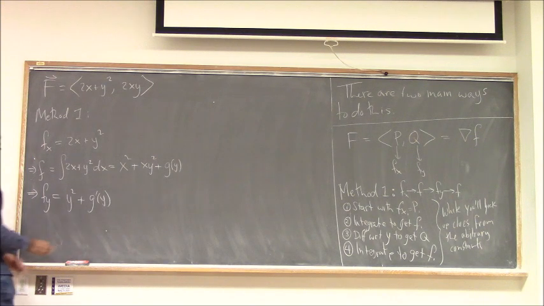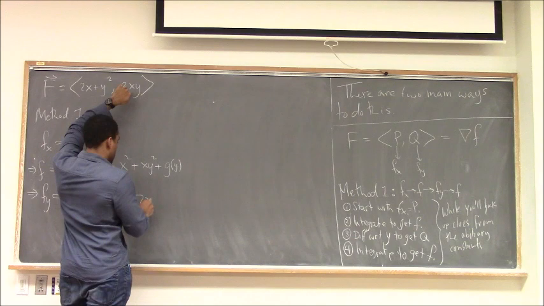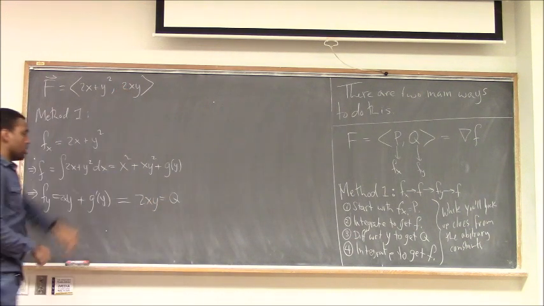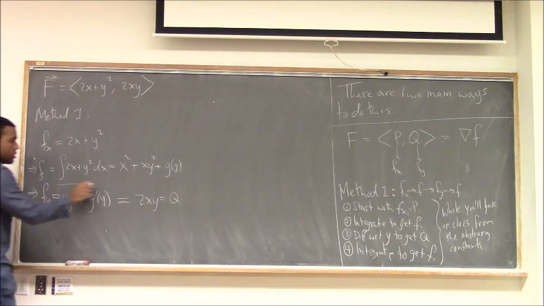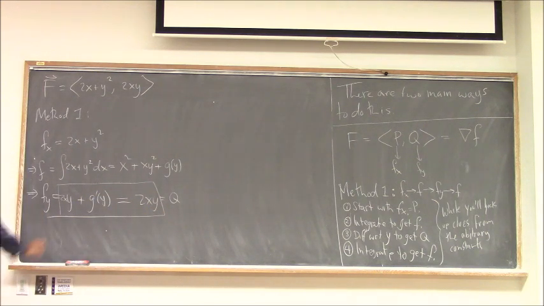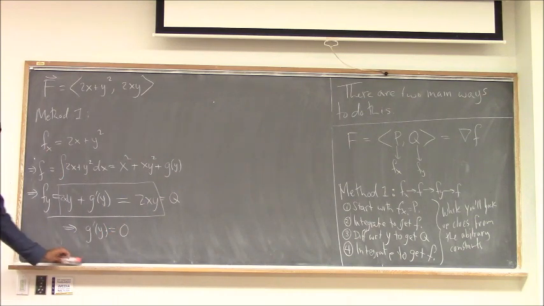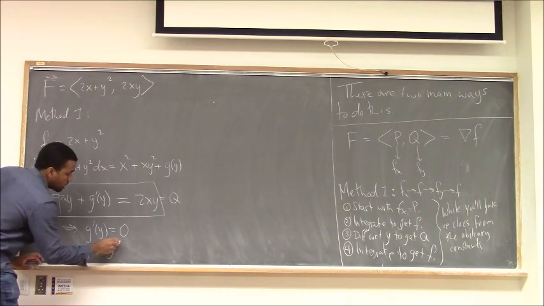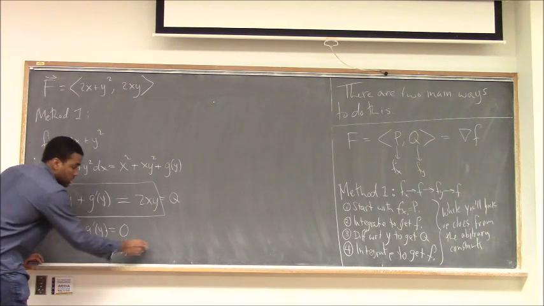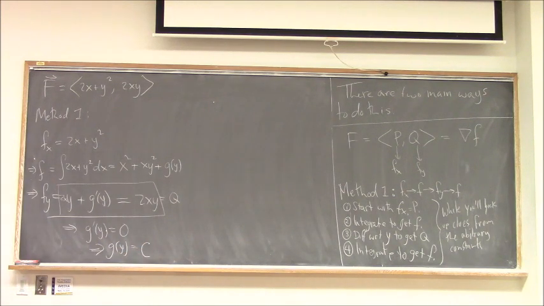And what I do now is set that equal to the Q. So now I have this equation, which means that my g prime of y is actually 0, which means my g of y is actually just some constant. It's just some number.